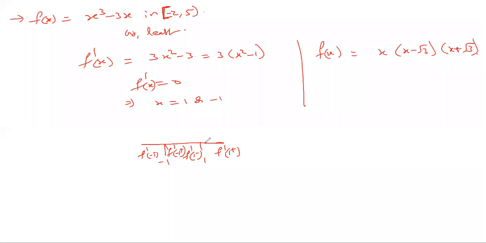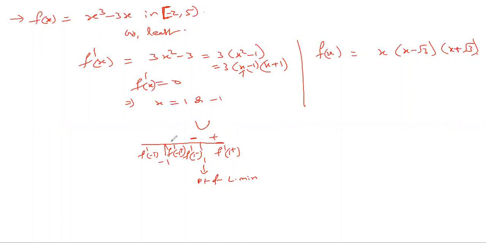Right side of 1, x minus 1 into x plus 1, means more than 1, is clearly positive. Left side of 1 is negative. Means first it decreases, after that increases. Means 1 is a point of local minima.